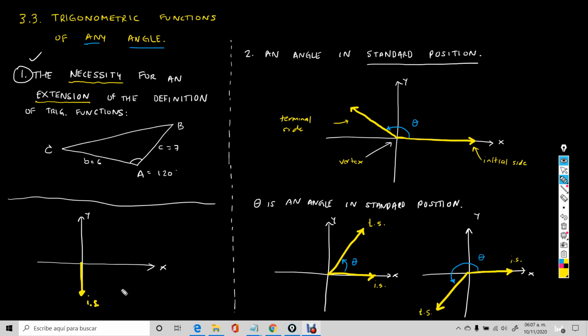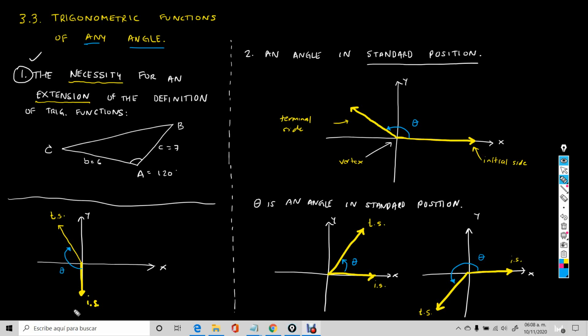This is its initial side, and then I'm going to draw the angle in this way. Perhaps I'm going to rotate in this direction up until this place. Therefore, its terminal side will be this terminal side. Let me label the angle. Always try to label your angles, give them names. Theta. Theta is a very popular letter for angles.